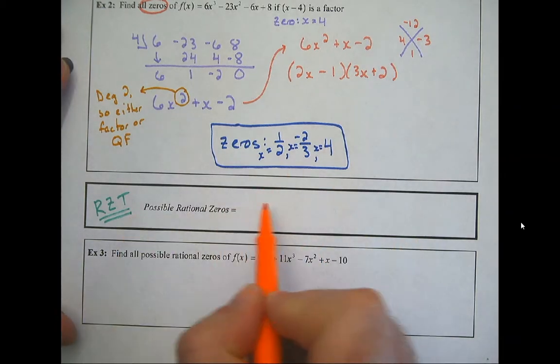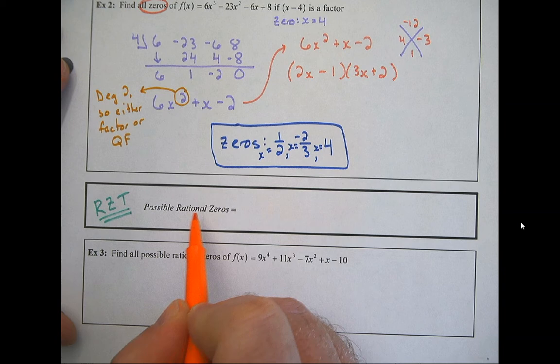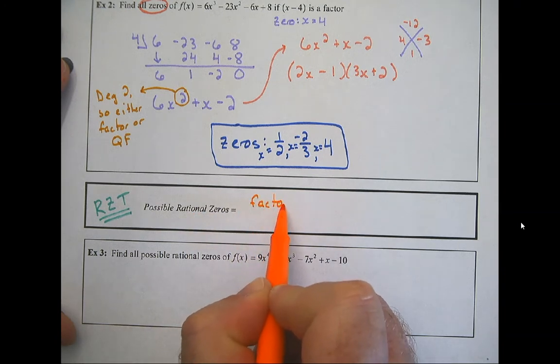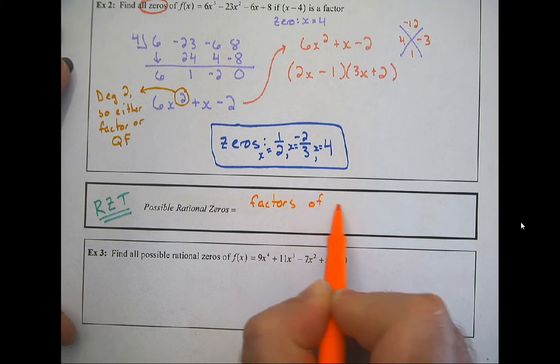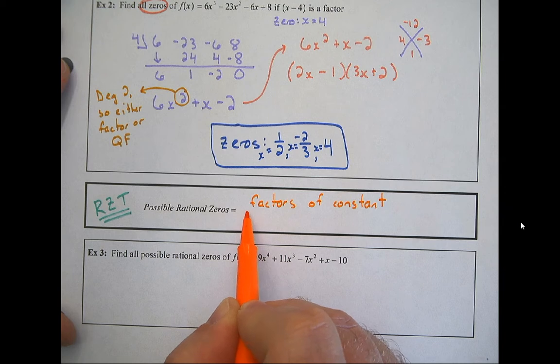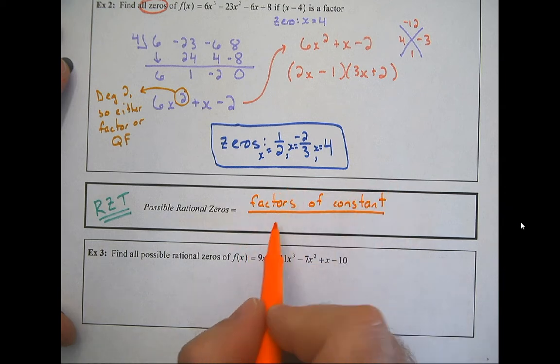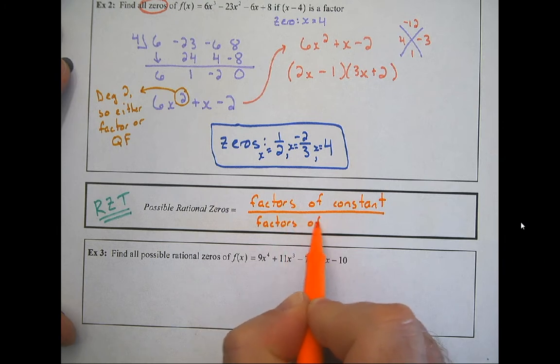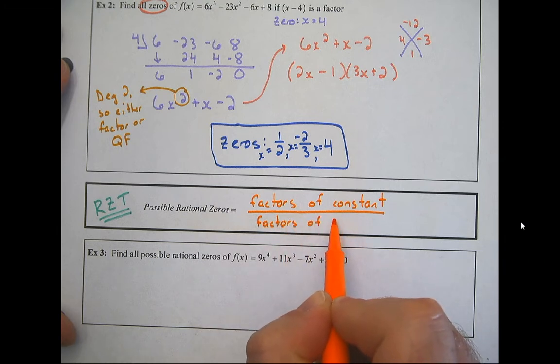So you will want to find your list. To find the possible rational zeros, you would take the factors of the constant and divide by the factors of the leading coefficient.